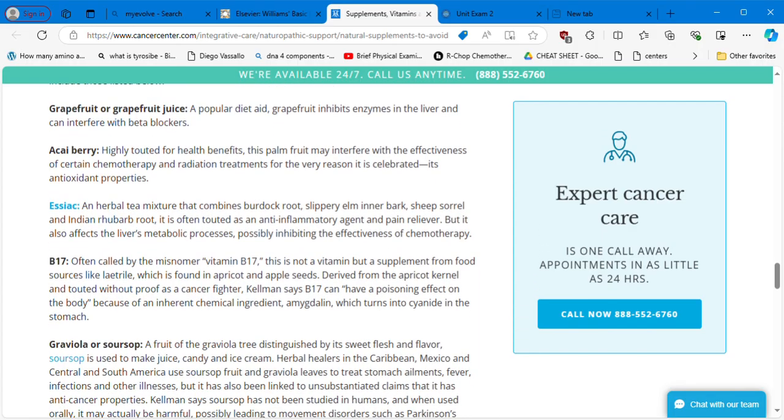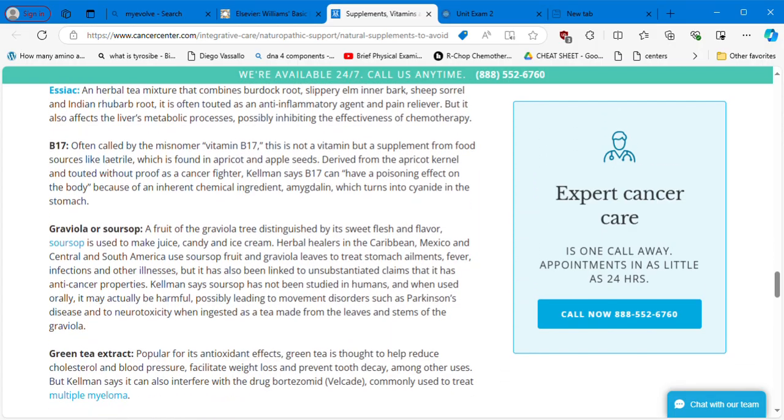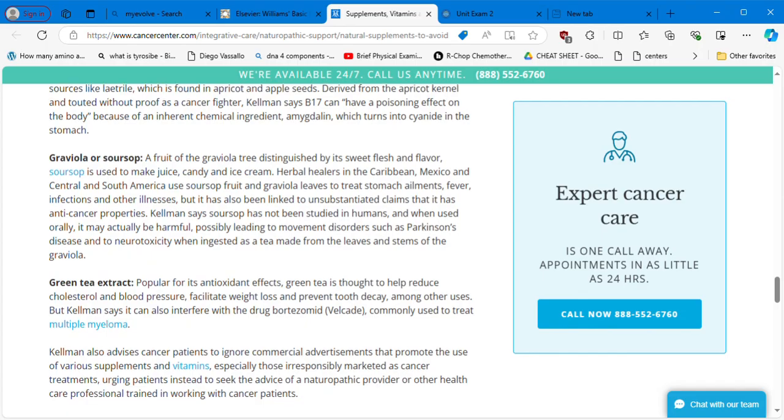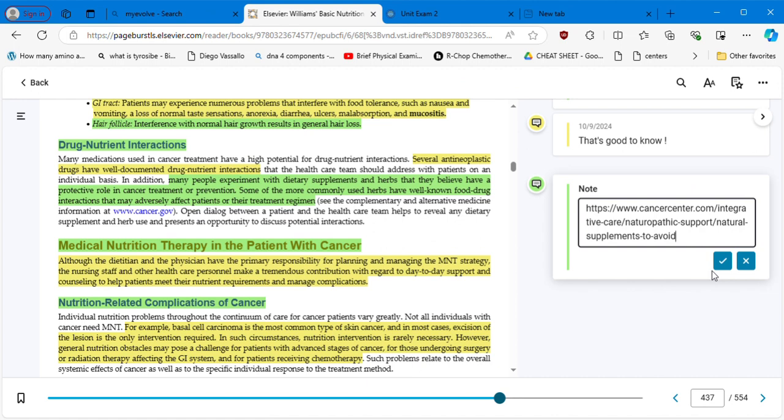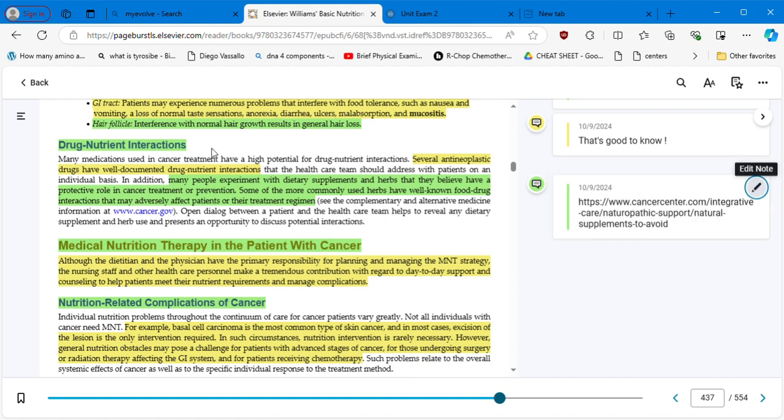But this depends on the patient's choice of what to do, and we have to respect that. But my job as a lecturer is to present you with all the information available. Okay, so let's continue. Medical nutrition therapy in the patient with cancer.